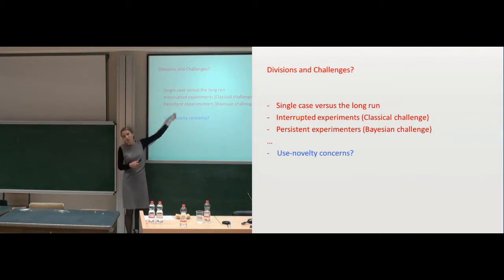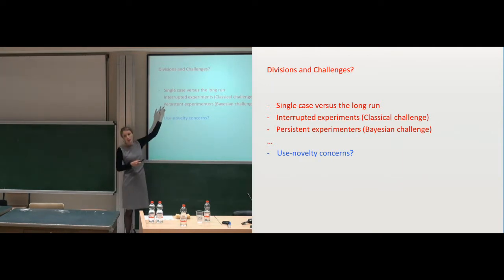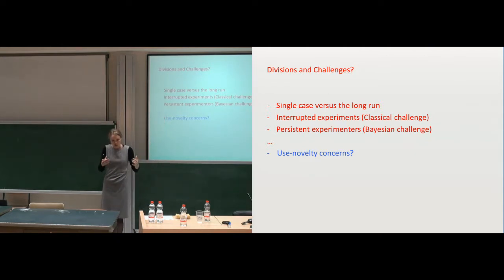But in most cases we're actually not so interested in the long run. We want to make the best guess we can in a particular case. And the Bayesian claims to have an answer to that problem, and also gives output to inference problems that mesh well with our decision-making needs. We tend to have to make decisions in single cases.